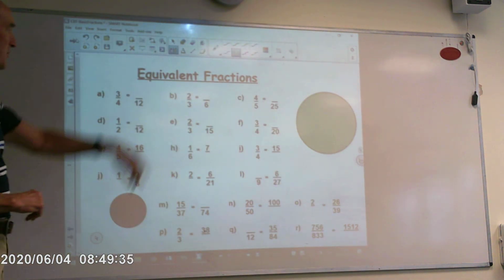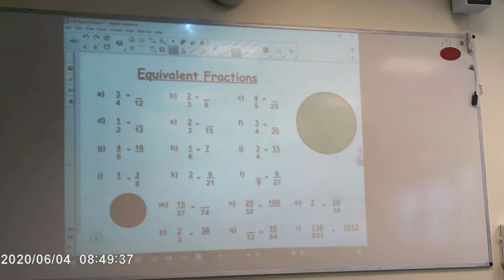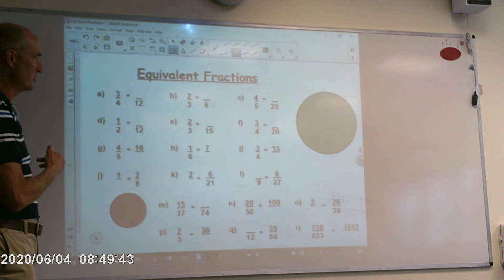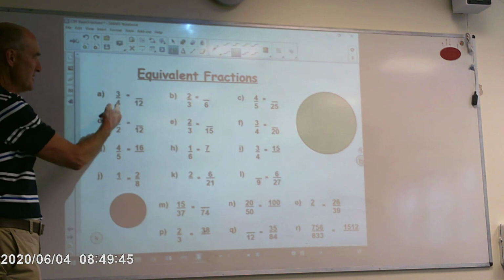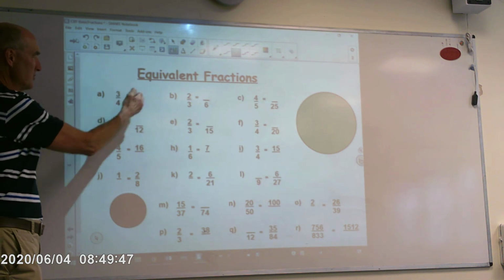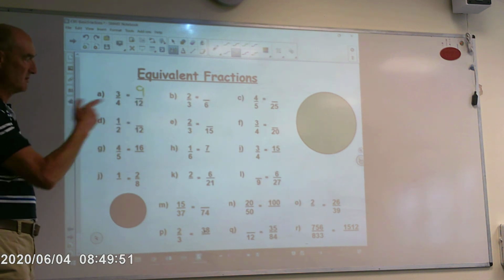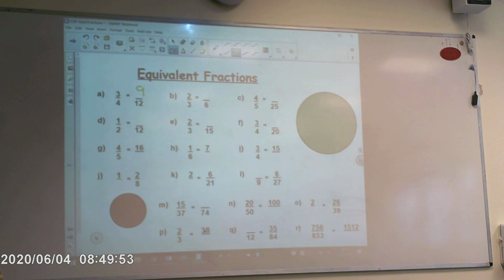A few examples. I'll just go through a few of these for you, just to help you out. 4 increasing in value to 12, I've multiplied by 3. 3 times 3 would give me a 9 on top. Think about doing some of these examples for yourself, so you can freeze frame.